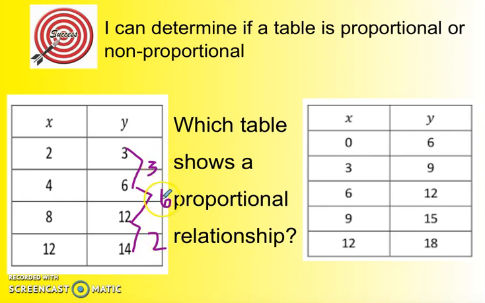There really isn't a constant change here. This is 2. 4 minus 2 is 2. 8 minus 4 is 4. 12 minus 8 is 4.